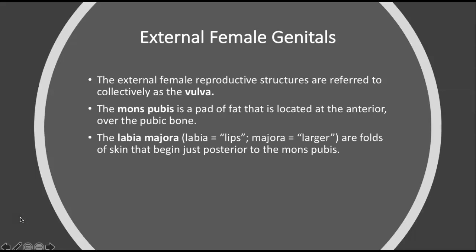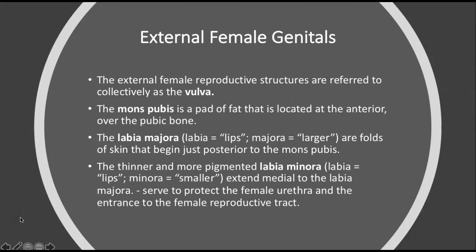The labia majora, labia meaning lips, and majora meaning larger, are folds of skin that begin just posterior to the mons pubis, and then we have the thinner, more pigmented labia minora, smaller lips, that extend medial to the labia majora, and they serve to protect the female urethra and the entrance to the female reproductive tract.